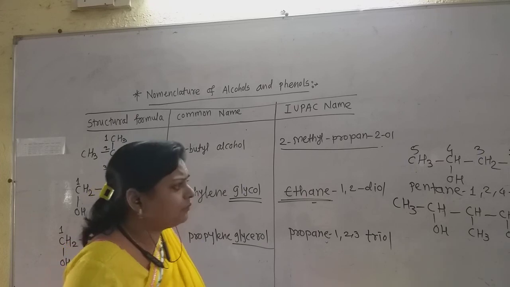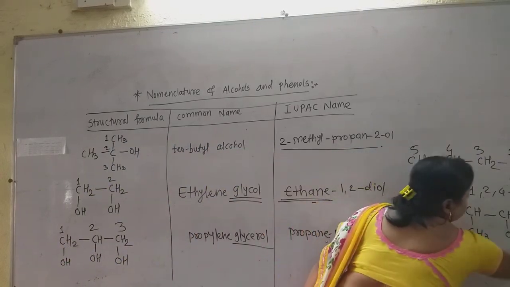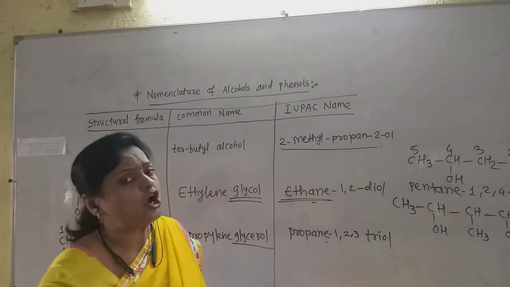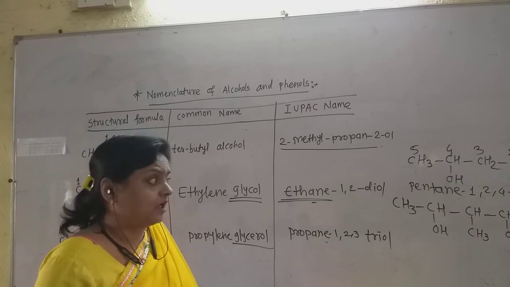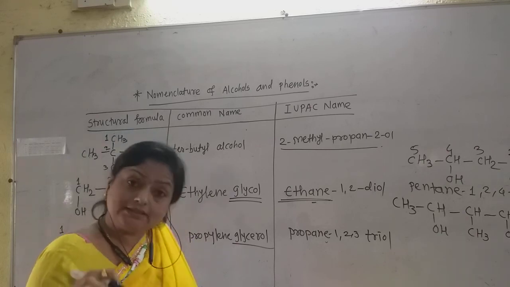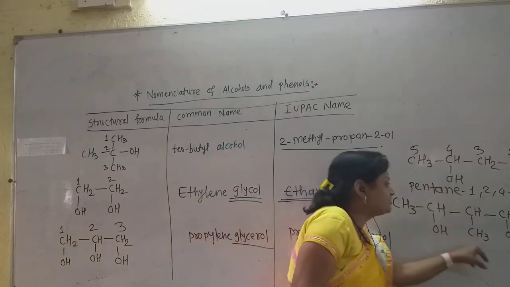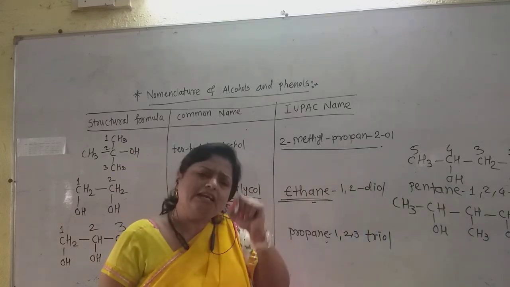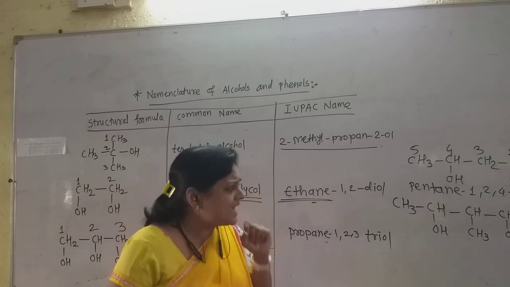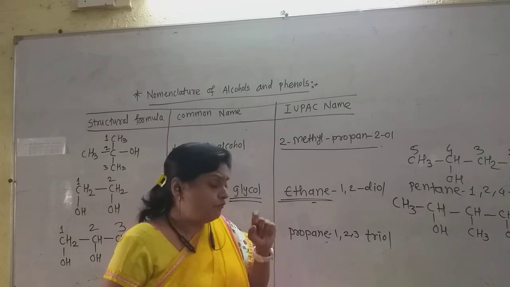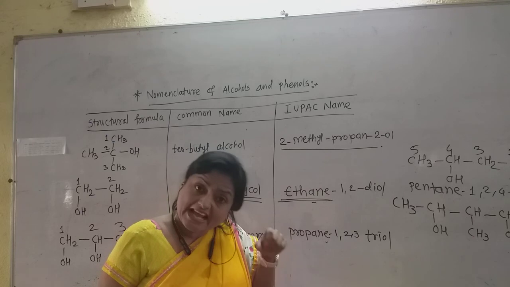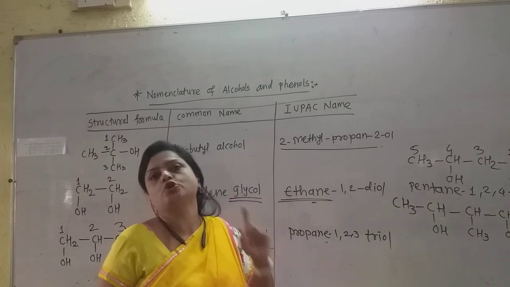Now see here, on both sides the OH group is similarly on the second carbon atom. But on the third carbon atom from the left hand side, there is a methyl substituent. So always give the numbering from that side which has the OH group nearest as well as the substituents nearest.